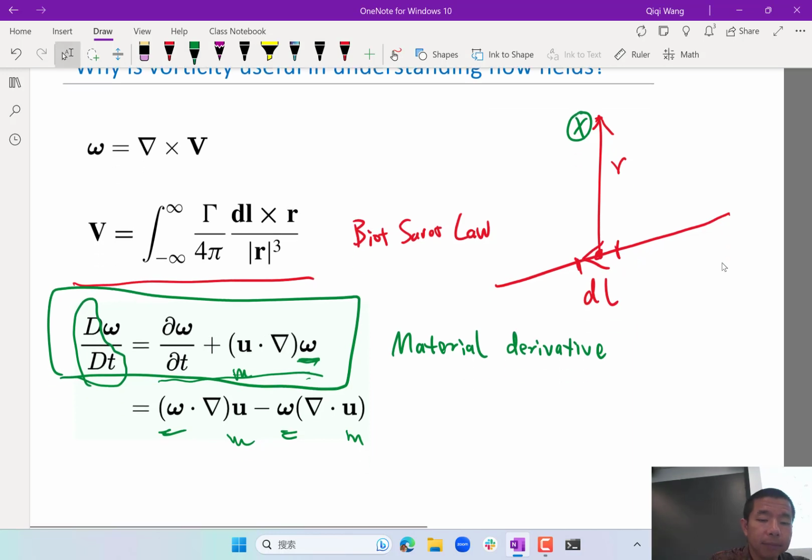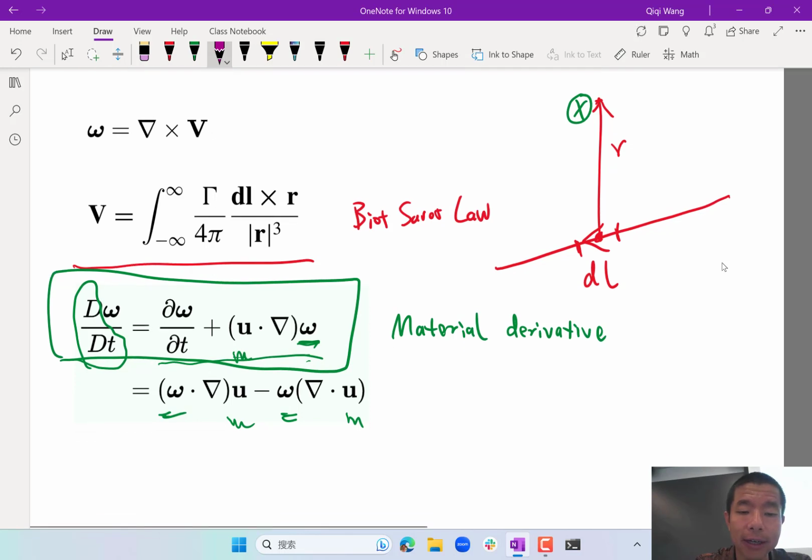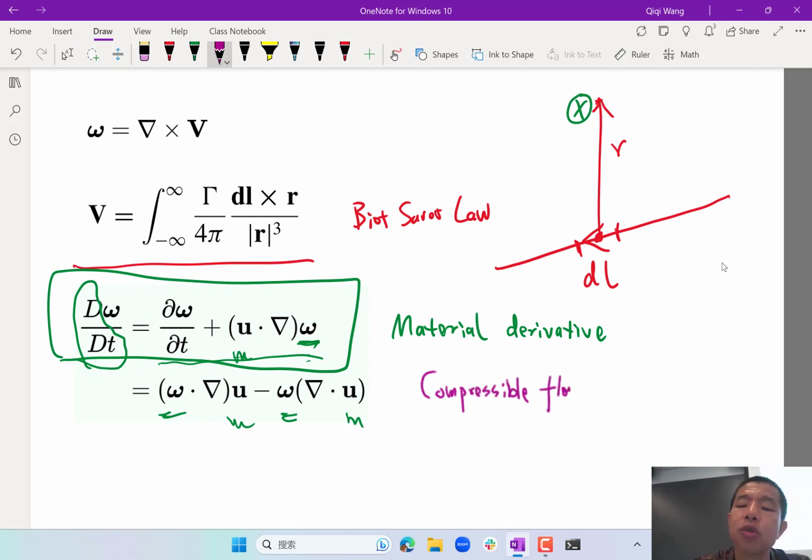And the second line tells you how the vorticity itself is going to change as it goes along the flow field. Let me tell you first of all, when is this equation correct? This equation is correct for a compressible flow. So it doesn't assume incompressibility, but it does assume an aligned density gradient and pressure gradient.